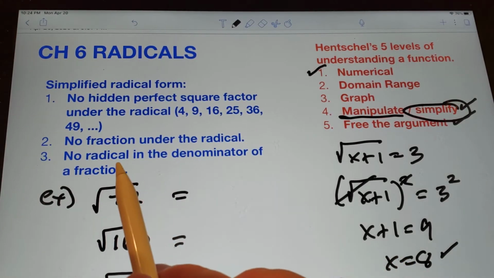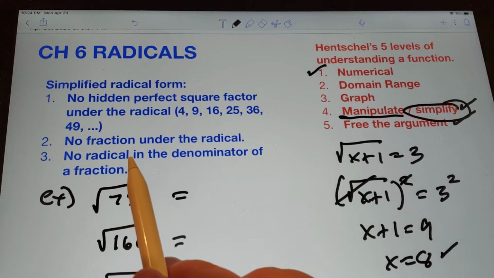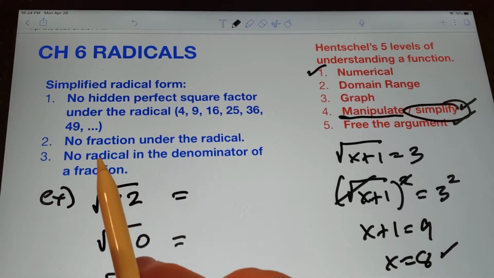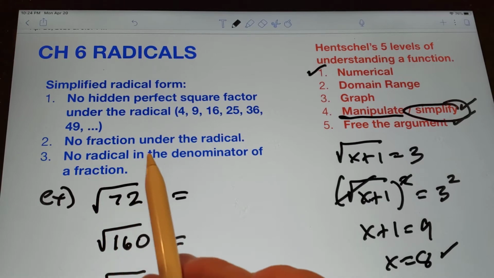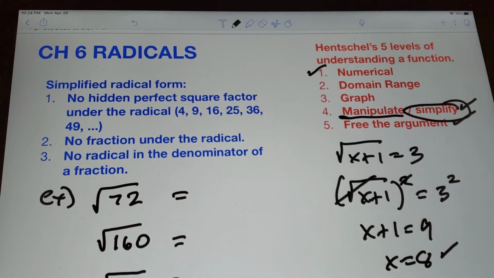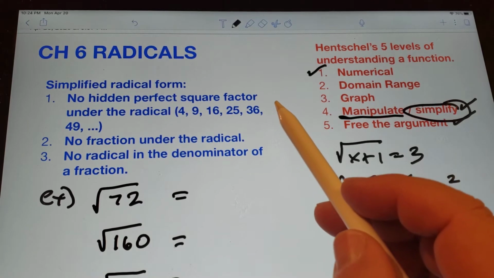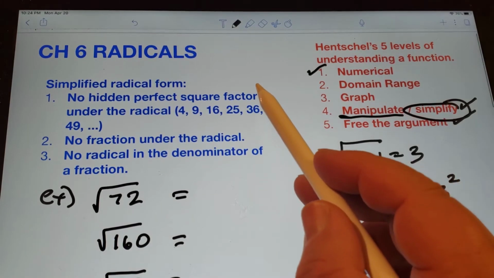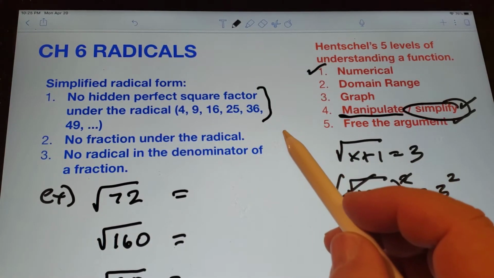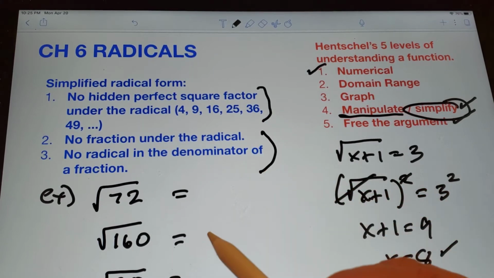All right. And then here's why I was saying the book takes its time to cover this whole topic, because this next one, no fraction under the radical, is talking about fractions, and the book doesn't mention fractions until later in the discussion. So early in the first half of the book, the author teaches us about number 1, and in the second half, these two have to do with fractions, so the author doesn't really bring those up until later.